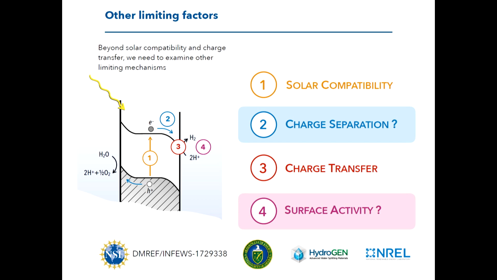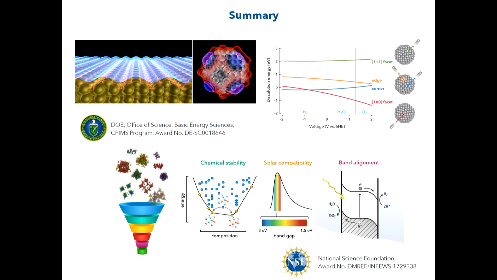So the second step, what is the driving force for separating the electron and the hole, and what is the influence of surface structure and the adsorption of different adsorbates on this driving force that we call the Schottky barrier, and also the surface activity. We didn't say anything about surface activity, and this is certainly something that needs to be included in the screening criteria. So with that, I would like to conclude.